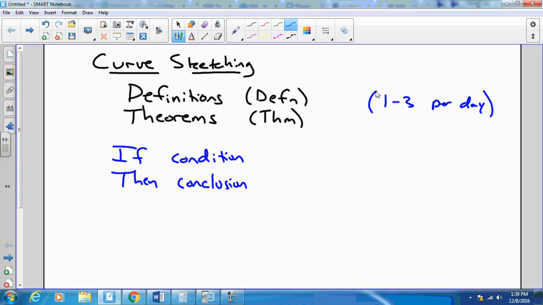And there is one and only one way to be able to successfully use those theorems, and that is to actually know what the condition is and to actually know what the conclusion is. Because if you do not know the conditions, you'll misapply the theorem. And if you do not know what the conclusion is, you won't know what to say on the basis of your condition being met.